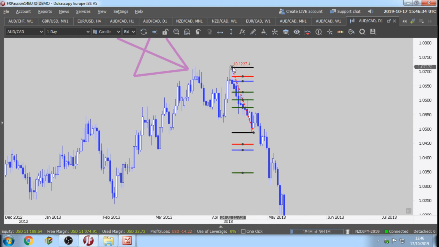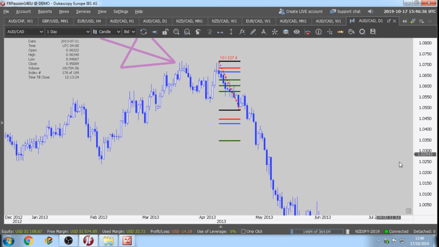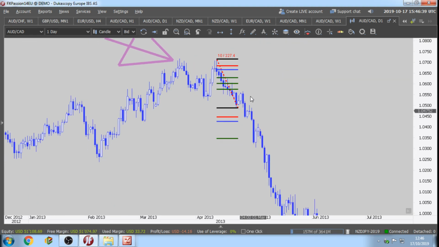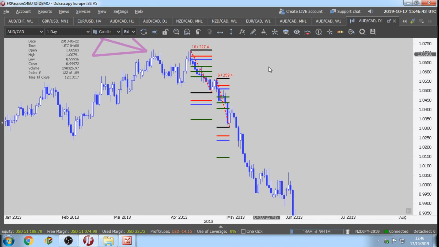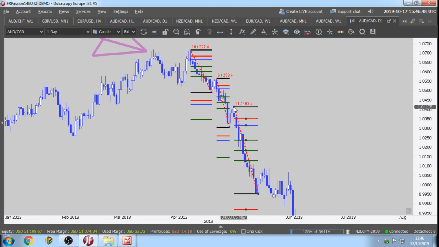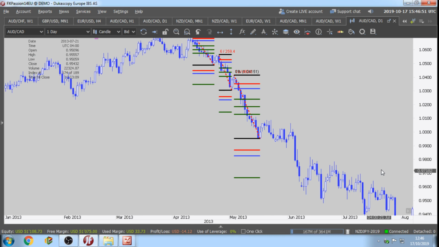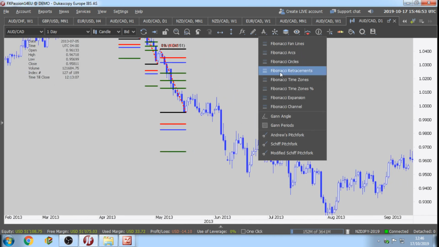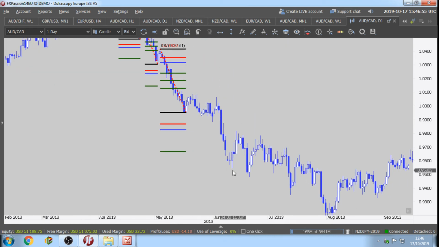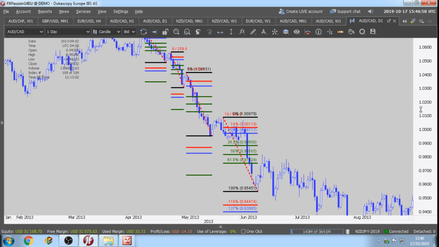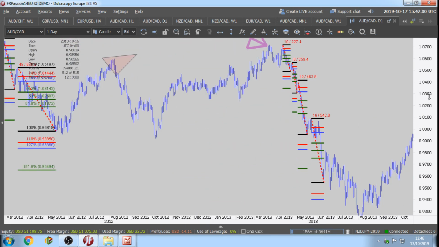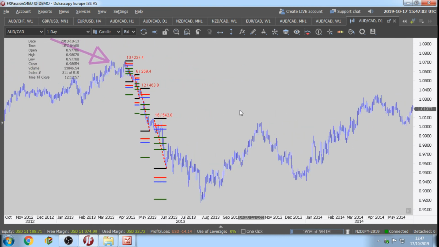So A to B, B to C, green goes to green, and again green goes to green, and again green goes to green. Okay, so we can compress the chart and see if the market is going to stop us. And as you can see, everybody, this is the last sequence and the market stopped us out again in here.